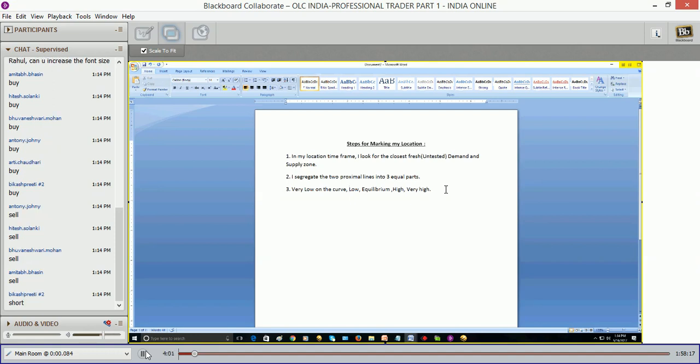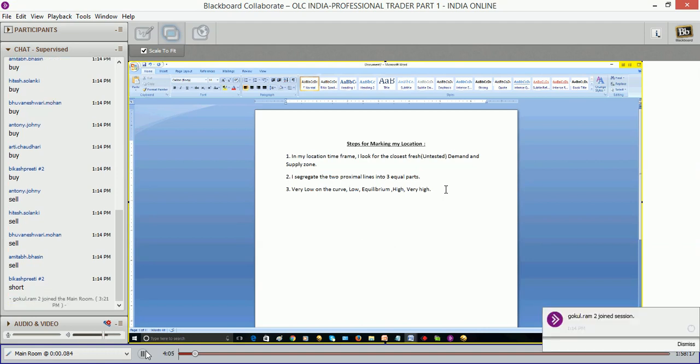What is the ideal sweet spot where we should be looking to take the trade? The lower end of the curve, or coinciding with your zones at the very low and very high of the curve? What is the ideal scenario on where we should be looking to take a trade?